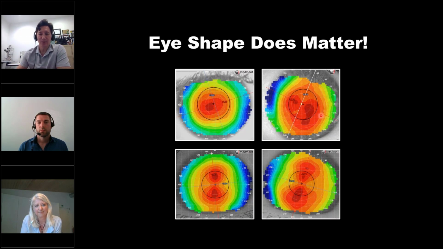The against the rule astigmatism offers some challenges in terms of centration, but refractively, I don't know if it's as much of a challenge as the centration might be. Certainly, if we neutralize the against the rule and we also have lenticular coming through, then that's a problem.